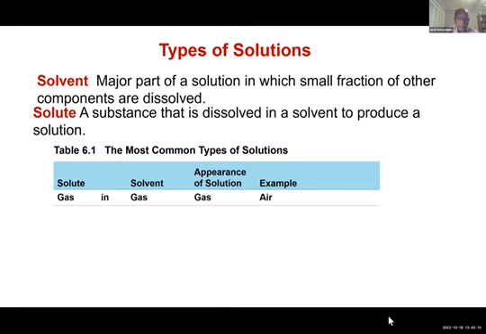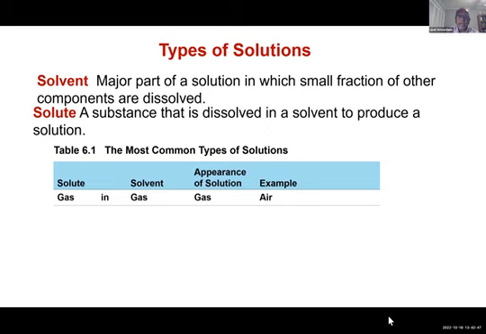Gas: some compounds are present in the gas phase, carbon dioxide, methane, or nitrogen. When a gas goes into a gas, mixing gases together, they also form a homogeneous mixture. We normally don't call it a solution, but it is a gas solution.